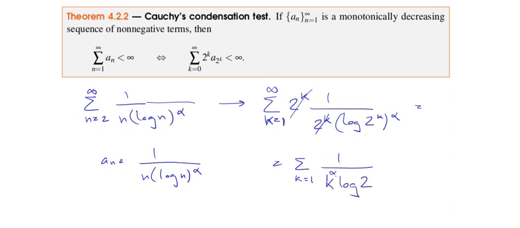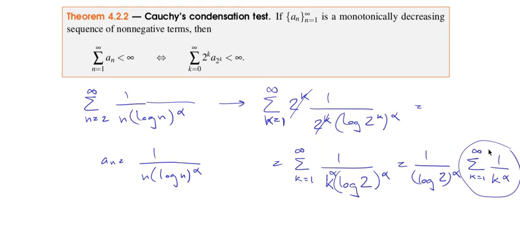So this is k to the alpha times the logarithm of 2 to the alpha, but we can take the logarithm of 2 to the alpha outside the sum, right? And then we have the sum from k equals 1 to infinity of 1 over k to the alpha. But this is just the generalized harmonic series, or the Riemann series that we have just seen.